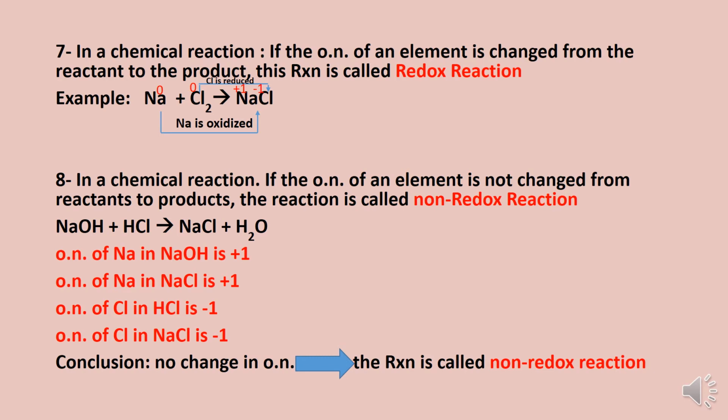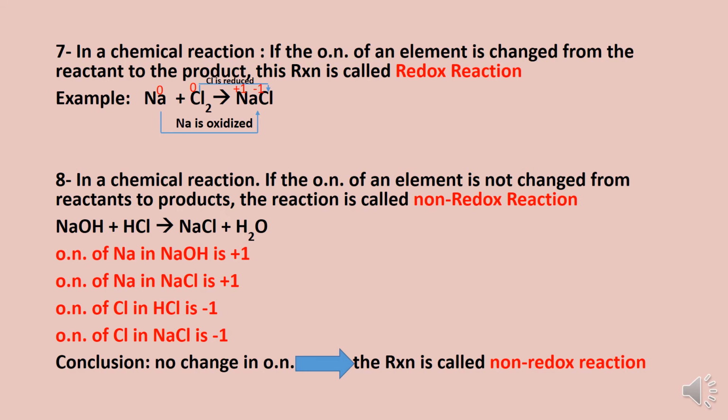Now let's take Cl2, the oxidation number is 0, it becomes -1 in the product. So the oxidation number decreases. So Cl undergoes reduction, or Cl is reduced. So here we can also compare the oxidation number of the same element in the reactant and the product.